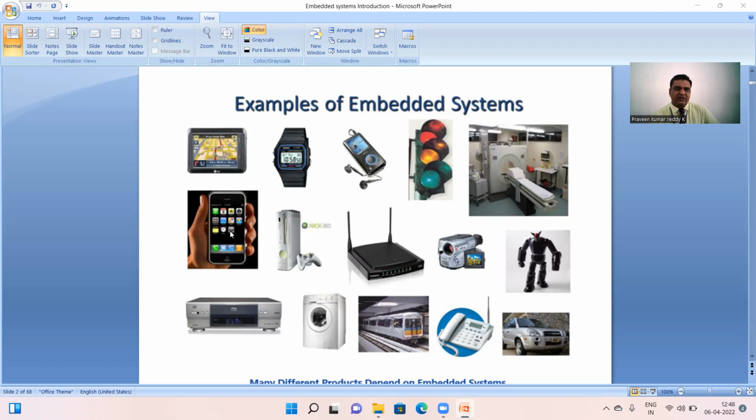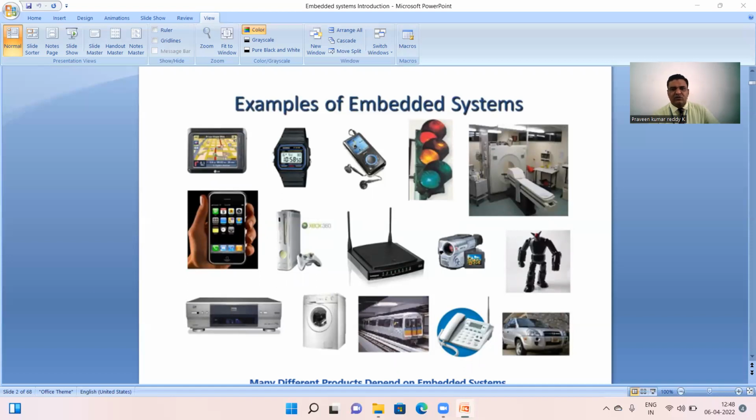So your cell phone is a combination of both hardware and software. You can simply call your cell phone an embedded system, software included inside a hardware.